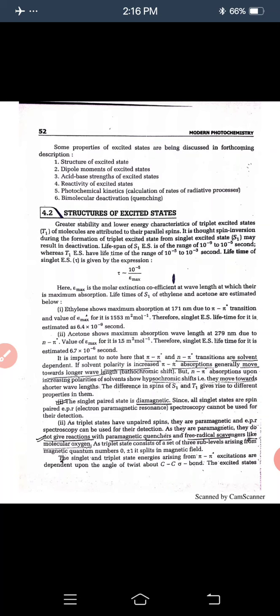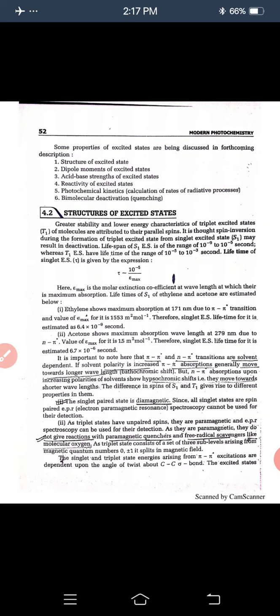EPR, electron paramagnetic resonance spectroscopy, cannot be used for their detection. Second, as the triplet state has unpaired spins, it is paramagnetic and gives an electron paramagnetic resonance signal, and reacts with paramagnetic quenchers and free radical scavengers like molecular oxygen. As a triplet state consists of a set of three sub-levels arising from magnetic quantum number 0 and plus minus 1, it is split in a magnetic field.